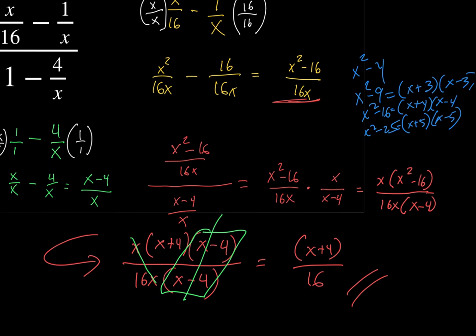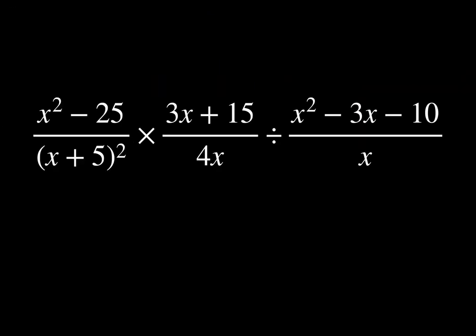Then let's move on to, I believe, another review question. Yes. Same kind of thing. We're simplifying. Here we've got lots of fractions going on. Some are multiplying. Where's my pointer? Some are multiplying. One is dividing. All right.